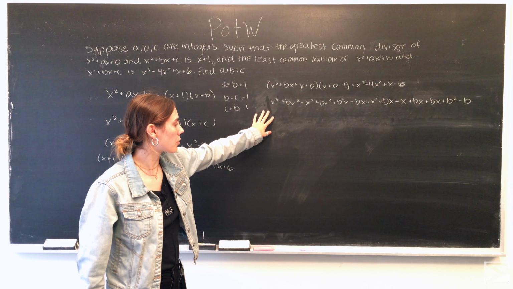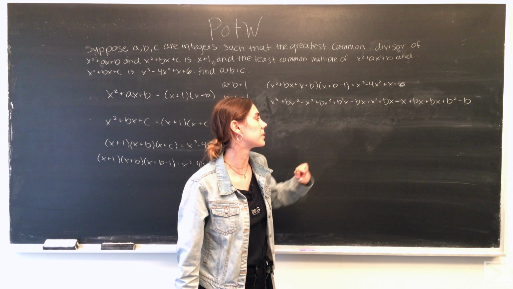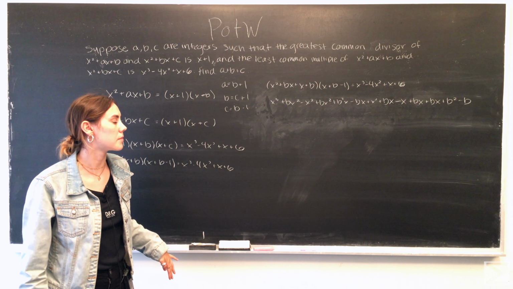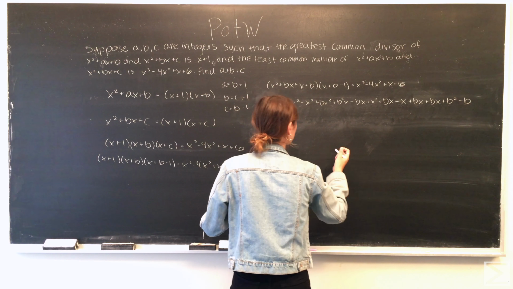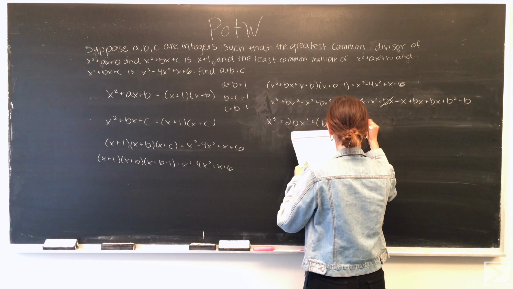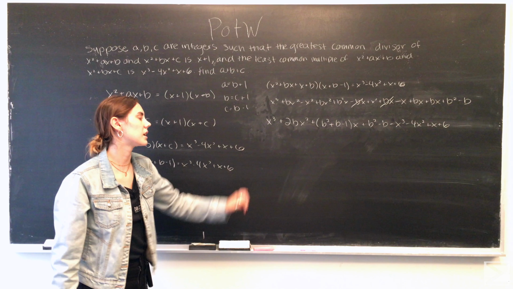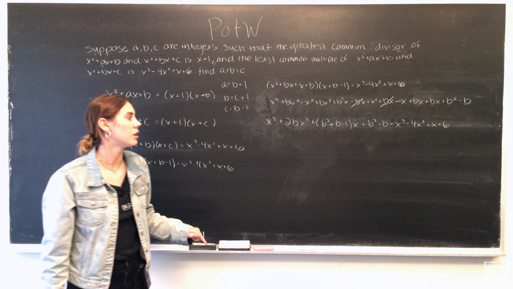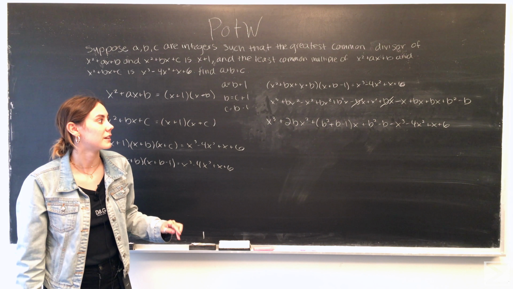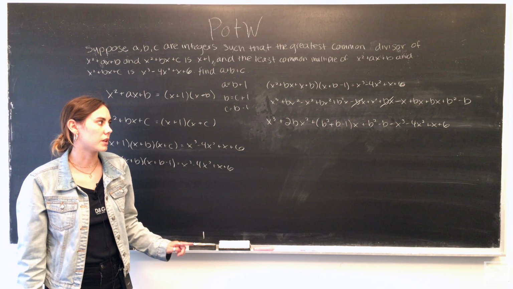So we're going to group together like terms to get it into a form similar to x cubed minus 4x squared plus x plus 6, so that we can solve for b. Grouping together like terms, we get x cubed plus 2bx squared plus b squared plus b minus 1 times x plus b squared minus b is equal to x cubed minus 4x squared plus x plus 6.